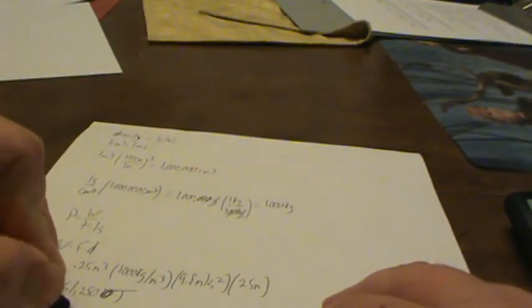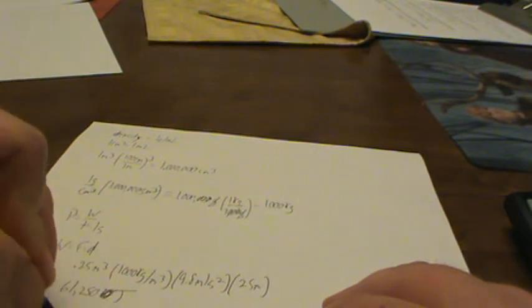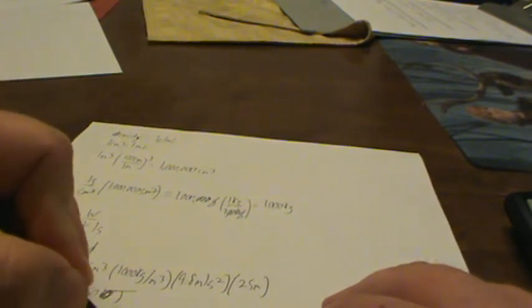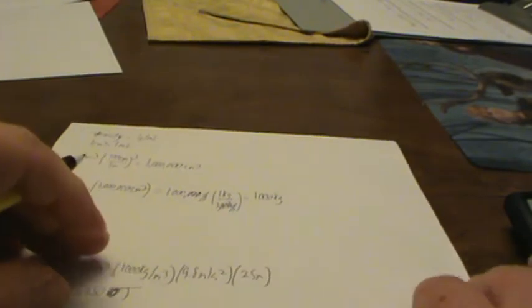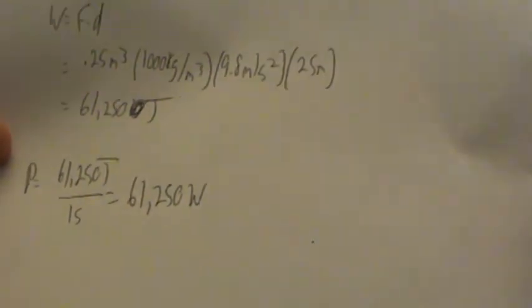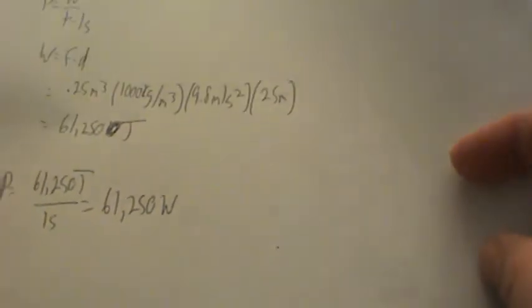Alright, so now that we have our work, we can find our power. So 61,250 joules per 1 second is equal to 61,250 watts. Okay, or if we want to work with a little bit easier number, we can put it into kilowatts.